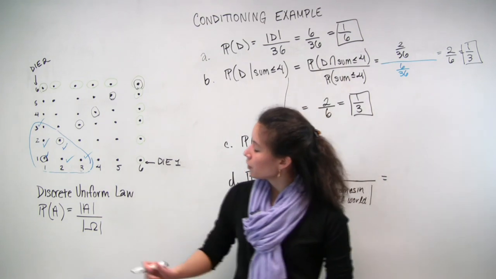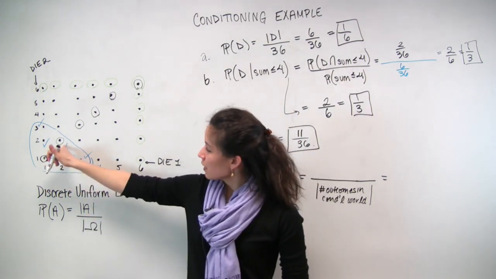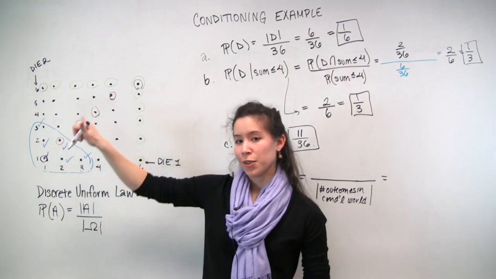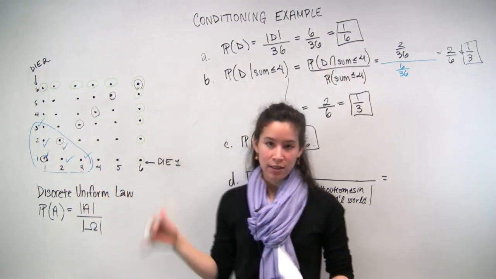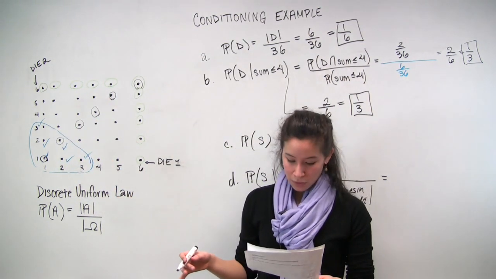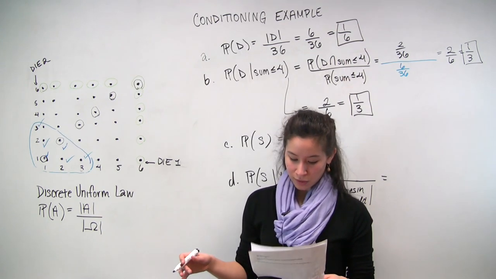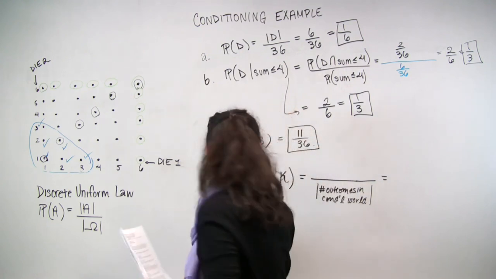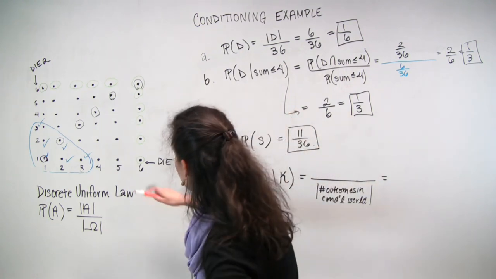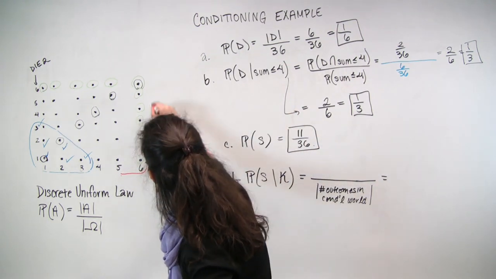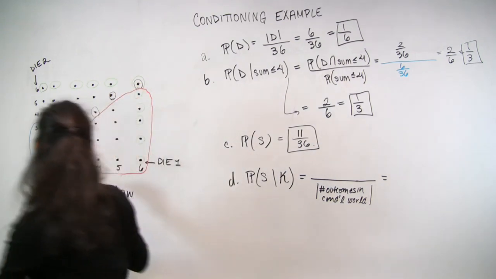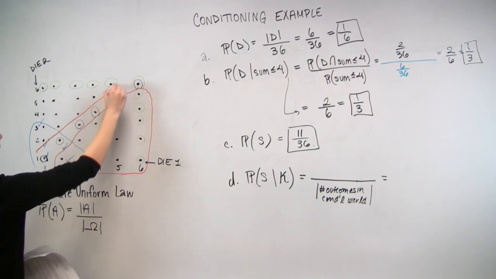So hopefully you agree with me that every single dot that is not on the diagonal, so every single dot that doesn't correspond to doubles, is a dot that we care about. So our conditional universe, that the 2 dice land on different numbers, corresponds to these dots, and it corresponds to these dots.